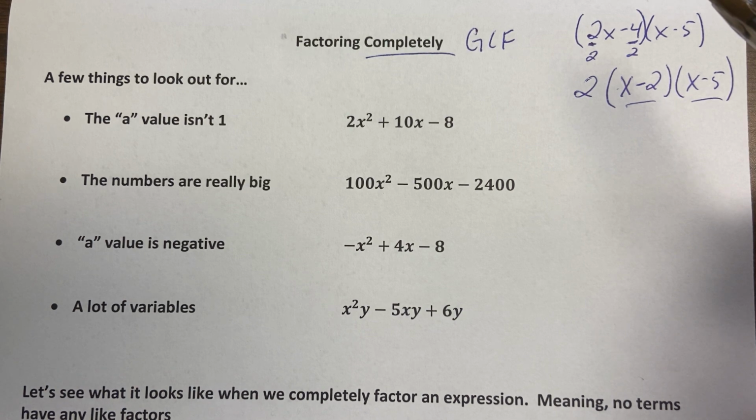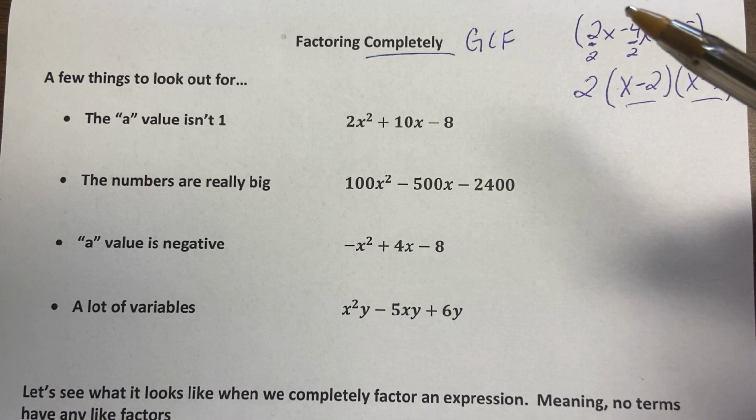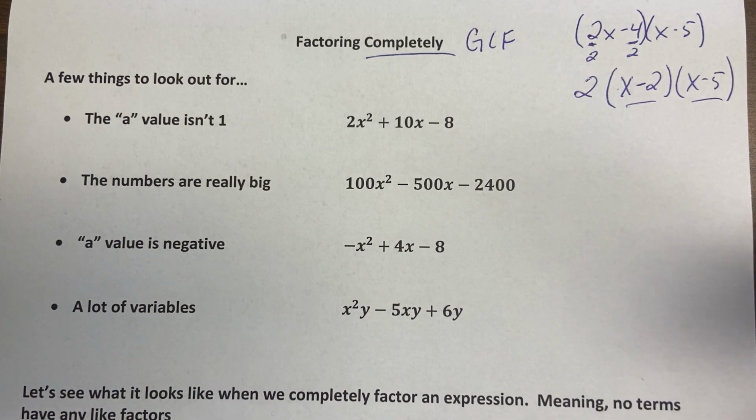When that isn't 1, I would always look to see if there's a number I could pull out, because when the A value is 1, everything is so much easier to factor. When the A value is larger than 1, there's a whole other process involved. So the first thing I would do is try to make the A value 1.